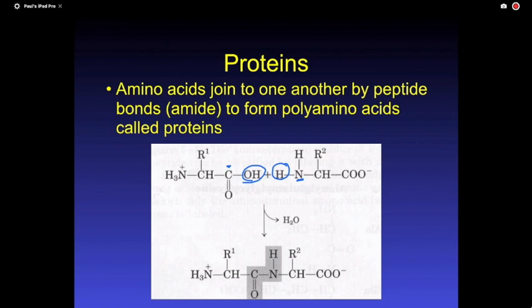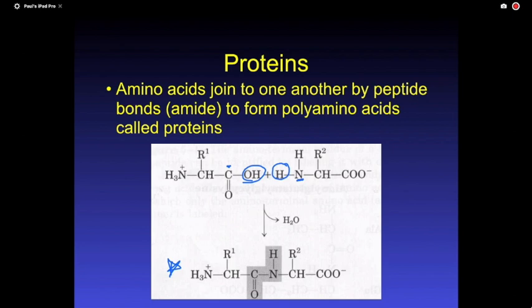Now, something very important about this structure. In terms of orientation, the front of an amino acid or of a protein is right here. We call that the amino terminus. It's the beginning, it's the start.